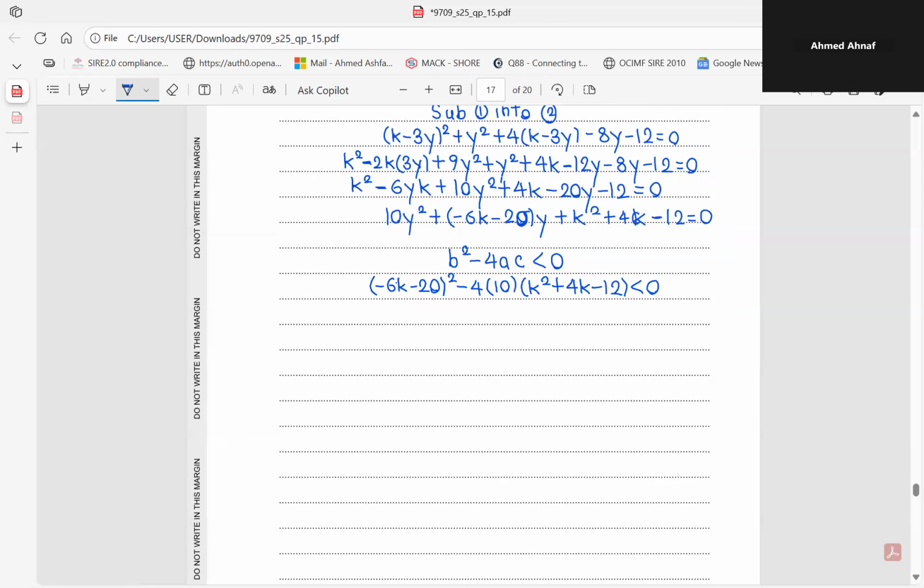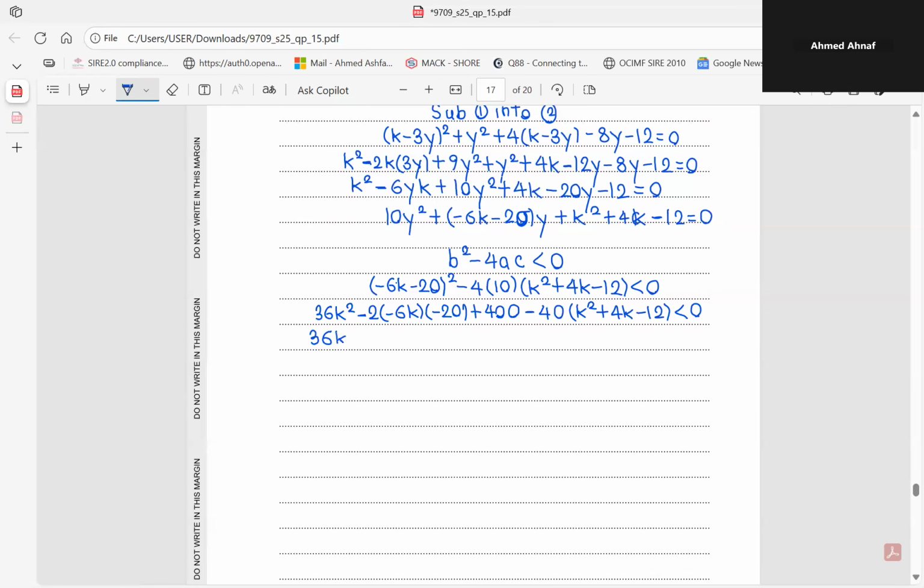So let's simplify this. Again, let's use a minus b squared. So this is minus 6k squared, so that's 36k squared, minus 2 times minus 6k times minus 20, plus minus 20 squared, which is 400. And this is minus 40 times k squared plus 4k minus 12, less than 0.